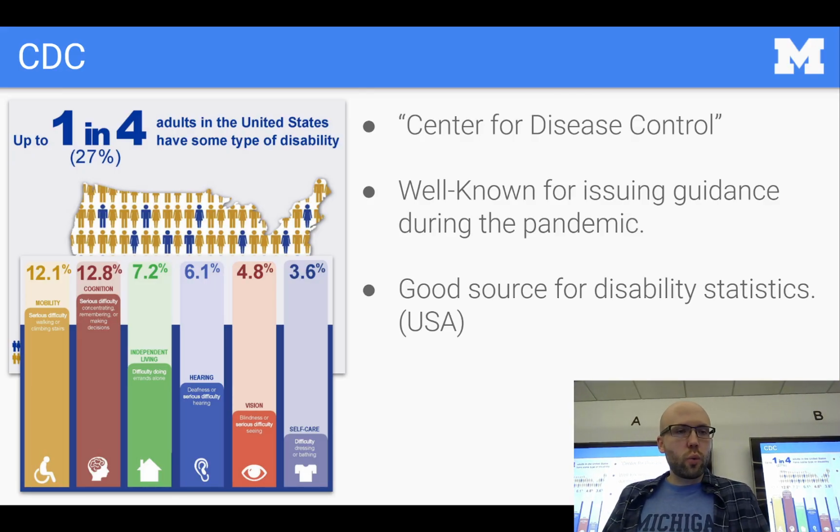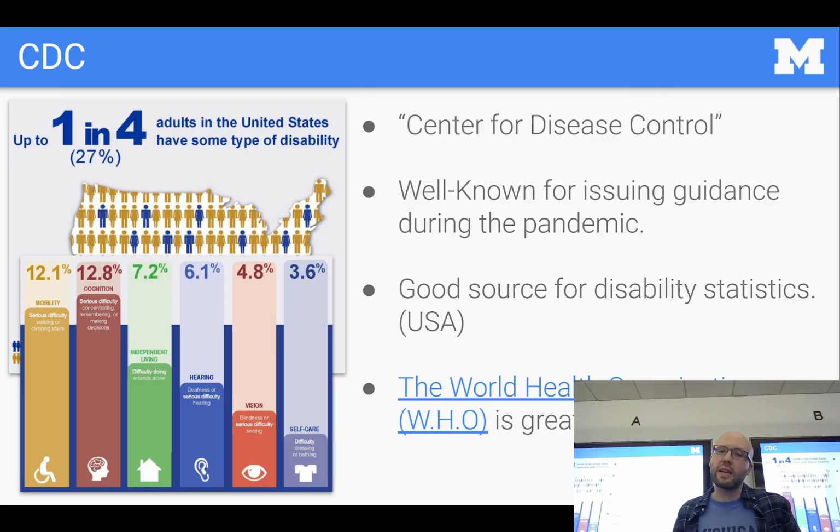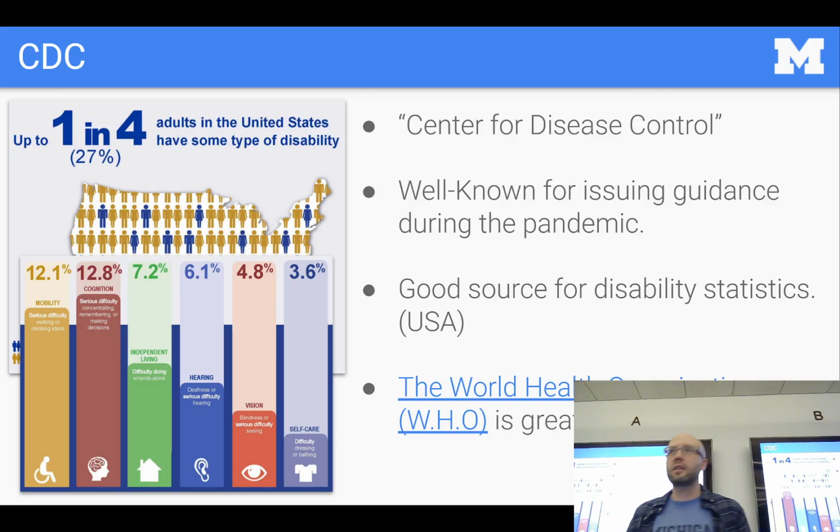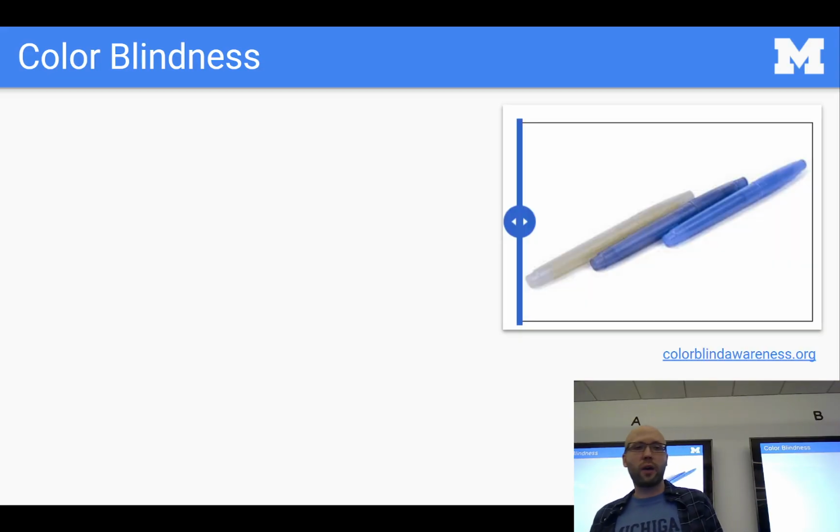These are issues with walking or getting around, transit, right? Vision, okay? Not being able to see very well, hearing, right? Cognition, getting confused, getting lost, okay? The WHO, the World Health Organization, has stats covering the entire globe in a similar fashion. One interesting issue and disability, one that actually my 494 students have to think a good bit about when they design their UI, when they choose their color palettes for their games, is color blindness, okay?